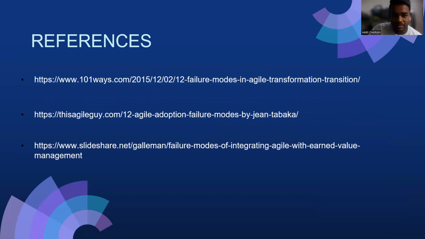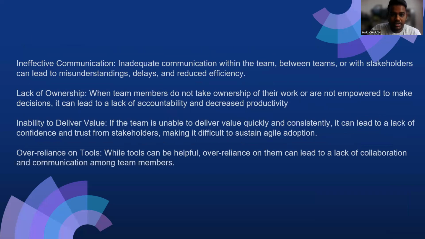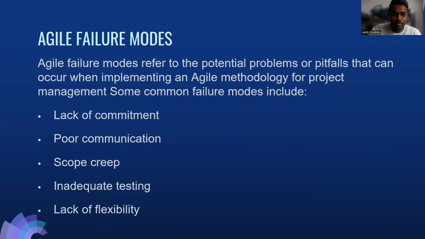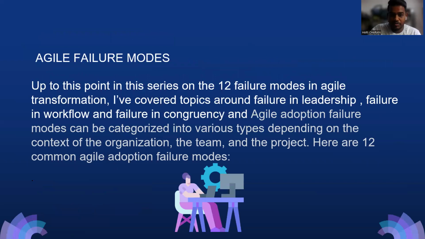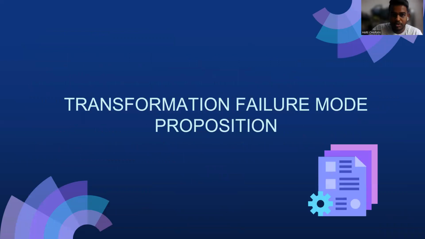Here we can see all the references I have taken for this presentation. In this presentation, we have discussed all the agile failure modes, some common modes, and the main 12 failure modes, and I have given a detailed explanation of all 12 failure modes.